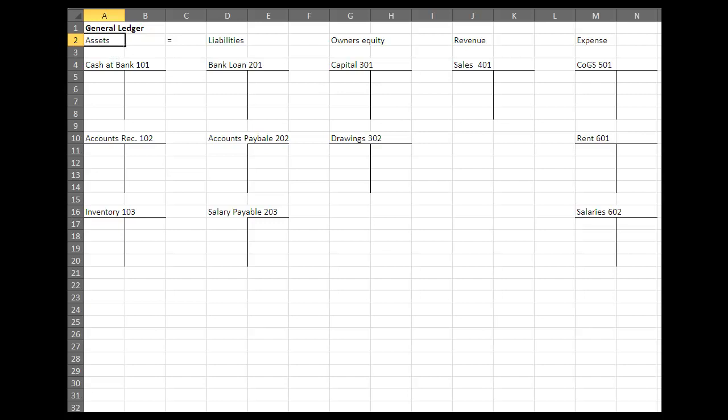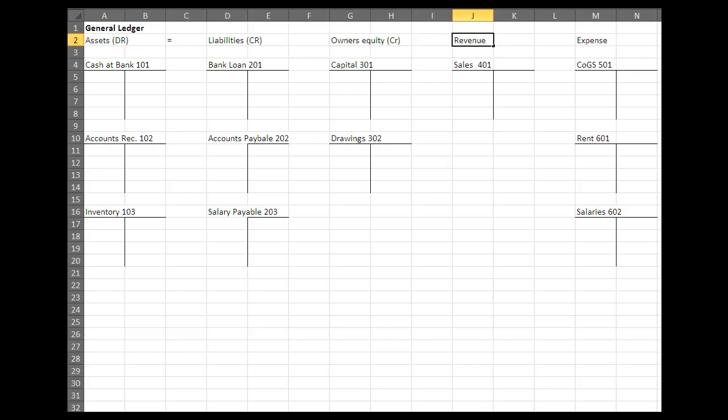Normal balance of an asset is a debit. And remember, debits come on the left. Normal balance of a liability is a credit. Normal balance of owner's equity is a credit. So anything that increases owner's equity will have a normal balance of a credit.